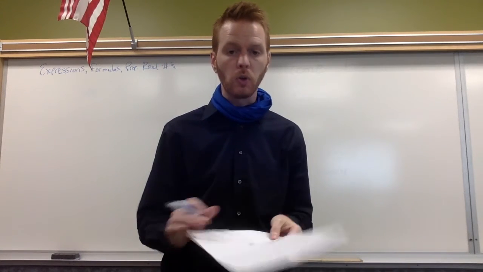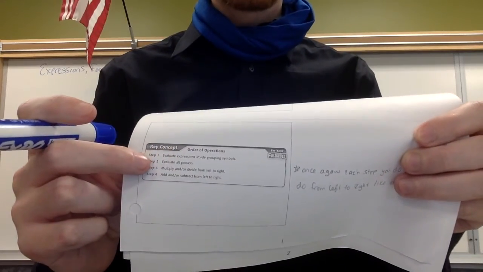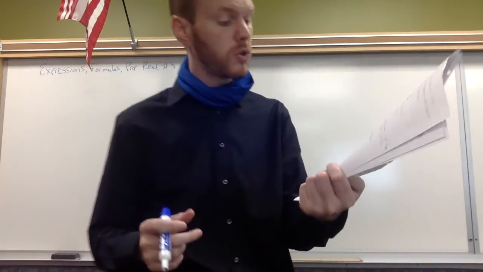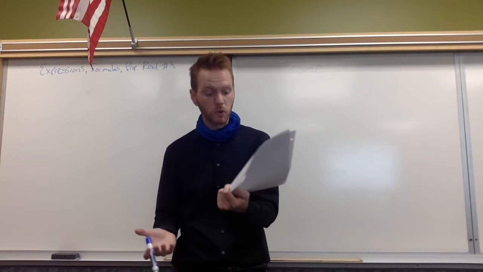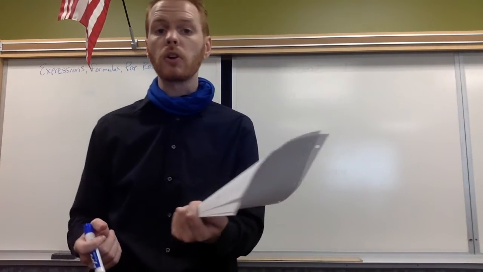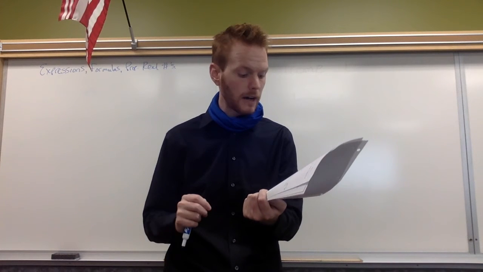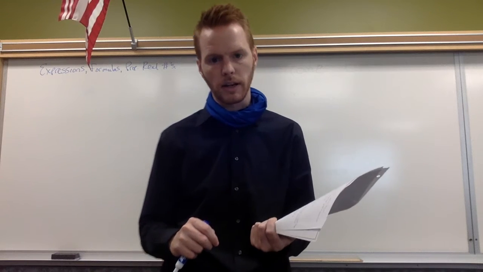Okay? So order of operations, on my PowerPoint slide, that's what you should be seeing. When you do order of operations, you do everything in the grouping symbols, which is parentheses. Evaluate all your exponents, multiply and divide left to right, and then for the final thing, you want to add or subtract left to right.